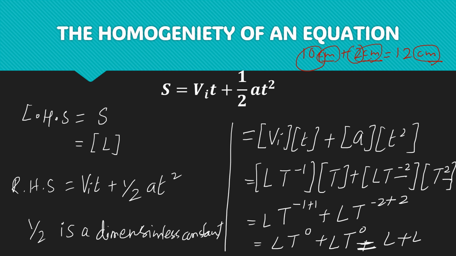If you subtract centimeter from centimeter, the answer will still be centimeter. So if you are adding or subtracting dimensions, the answer will remain same, the answer will be L. So the dimension of left hand side and the dimension of right hand side are equal, so you will write simply that right hand side is equivalent to the left hand side.